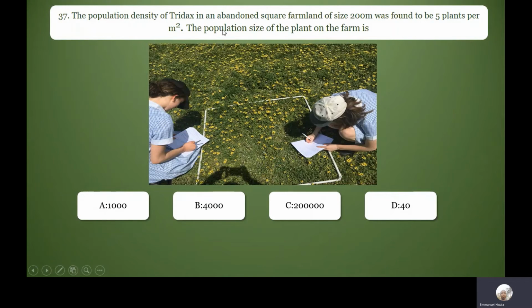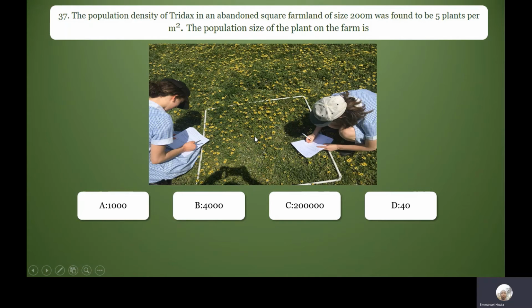The population of tridax in an abandoned square farmland of size 200 meters was found to be 5 plants per meter square. The population size of the plant on the farm is, the correct option here is 1,000. You can see the quadrat. This is a quadrat, used to measure the population of a particular plant in a habitat. So this question is telling us that we have 5 plants per quadrat.